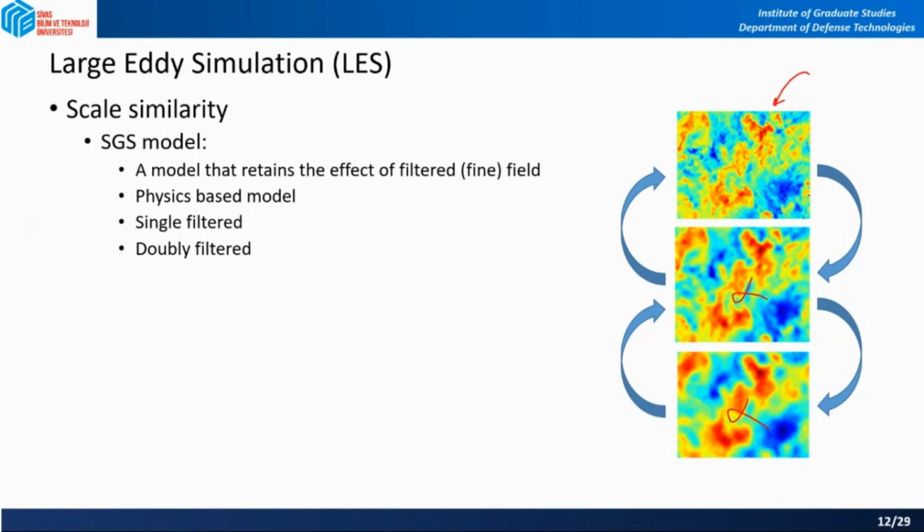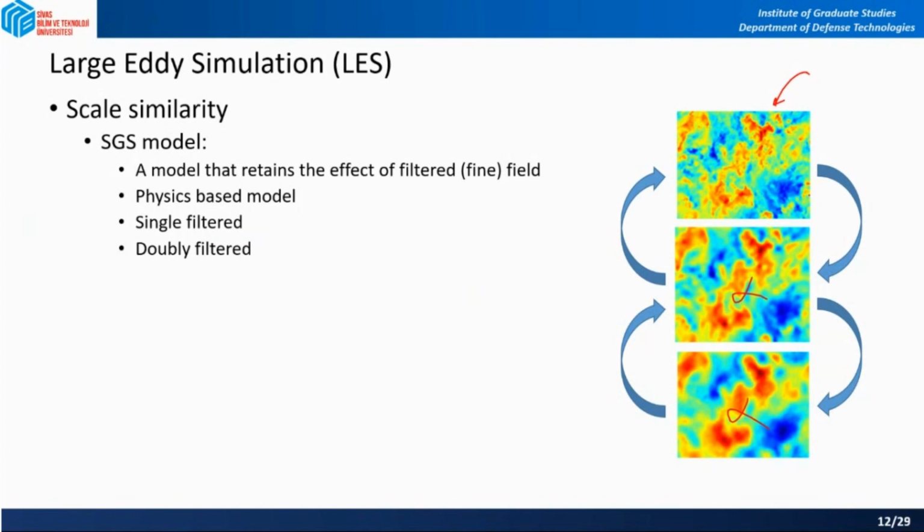We call them SGS models. So you need to develop physics-based mathematical models for all these finer scale effects on the filtered velocity field. This is the whole idea behind the filtering.